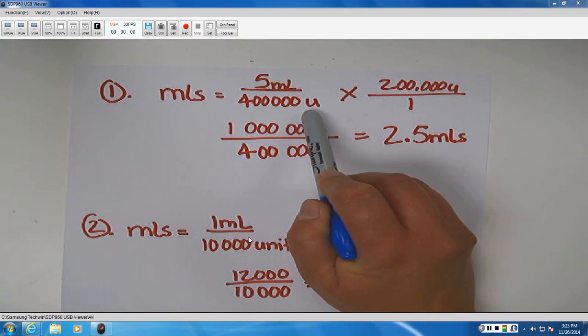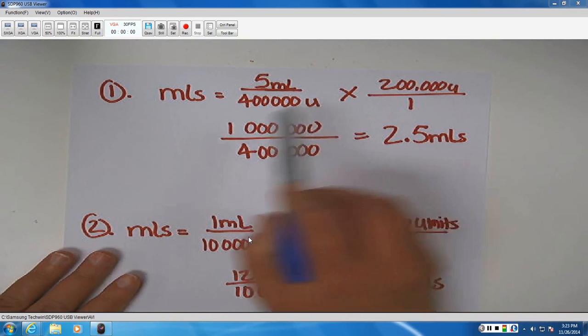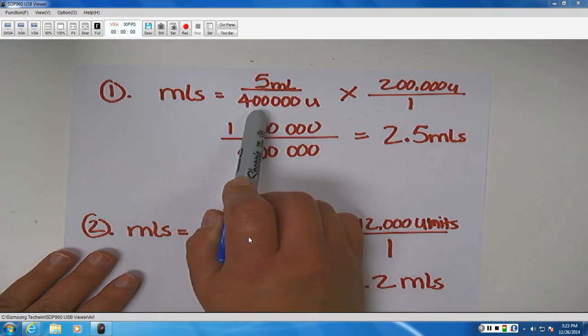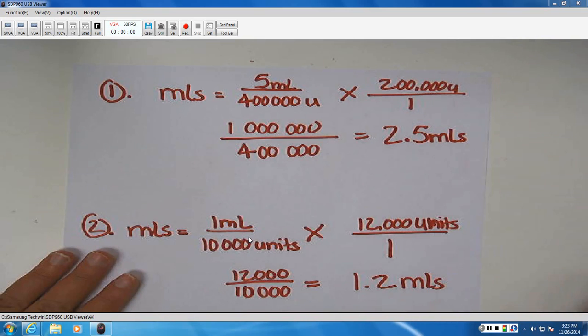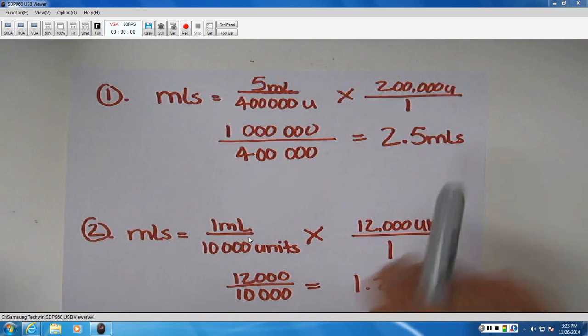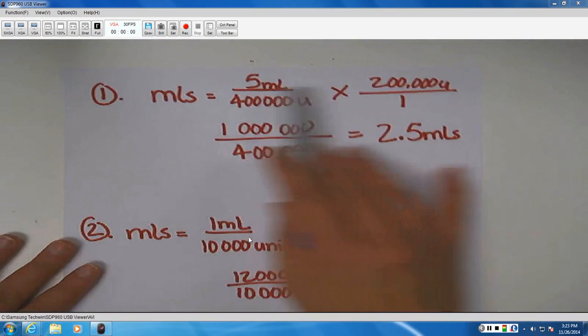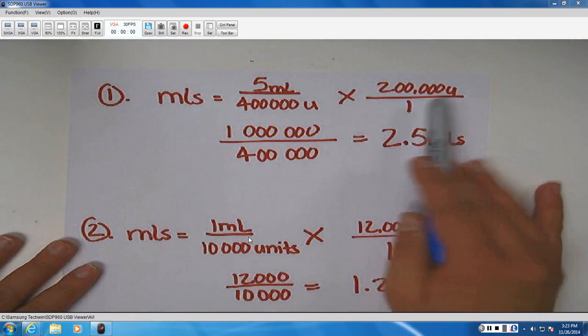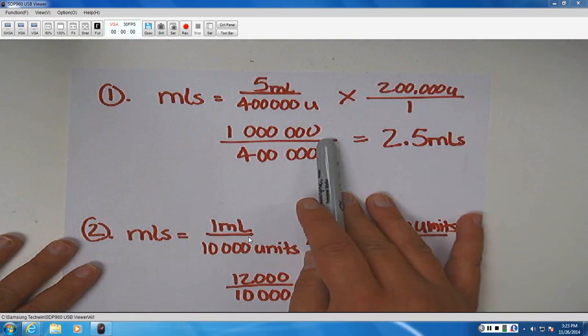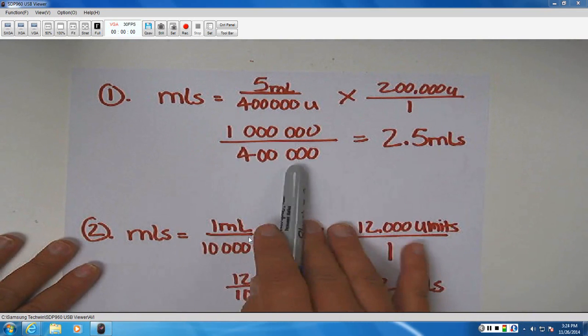My order, the doctor wants me to give 200,000 units. So since my units is the denominator here, my units has to be the numerator over here. So 200,000 units. And then you just do your simple math across the board. So 5 times 200,000 is 1 million, and that is over the 400,000 units.